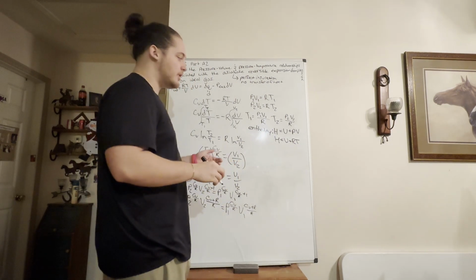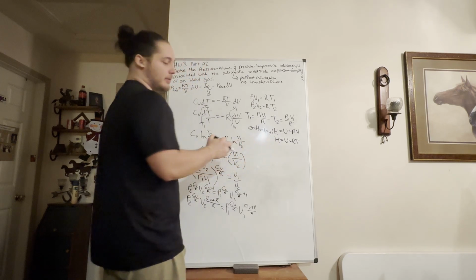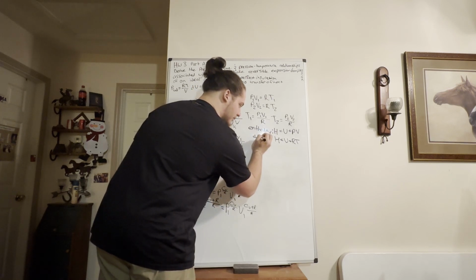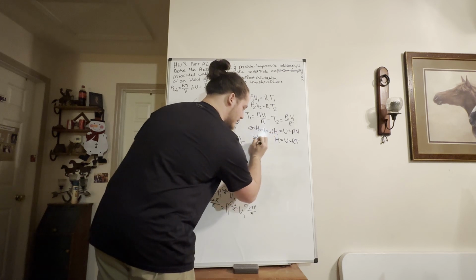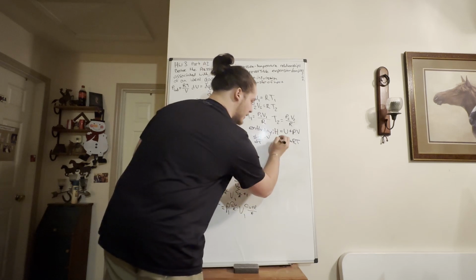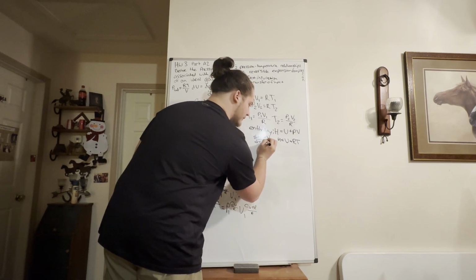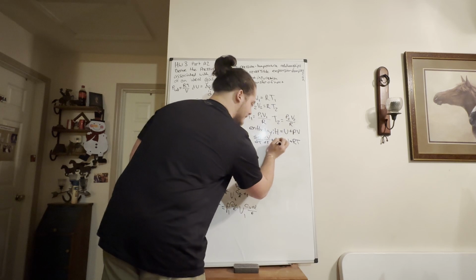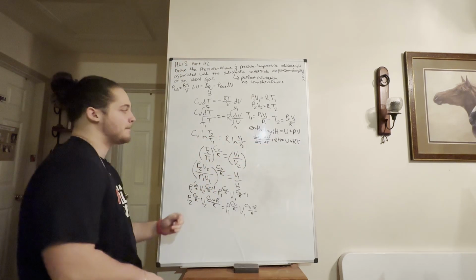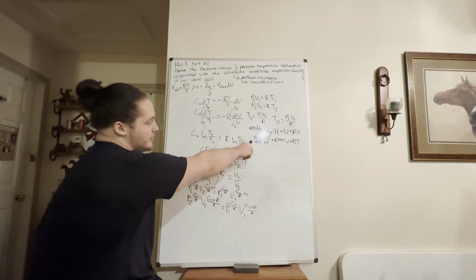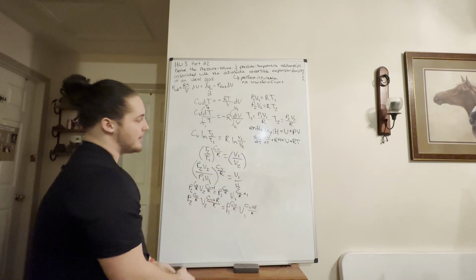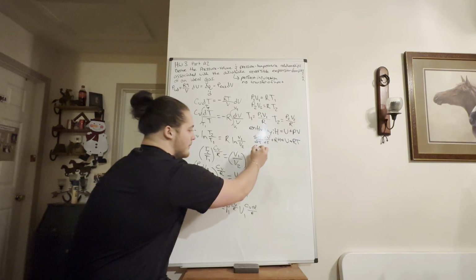So now what we want to do is differentiate our enthalpy expression with respect to the temperature, and this will give us dH over dT is equal to a differential amount of internal energy over a differential amount of temperature, and this will be plus R. So from here, we know that the differential of enthalpy with respect to the differential of temperature is going to be our specific pressure.